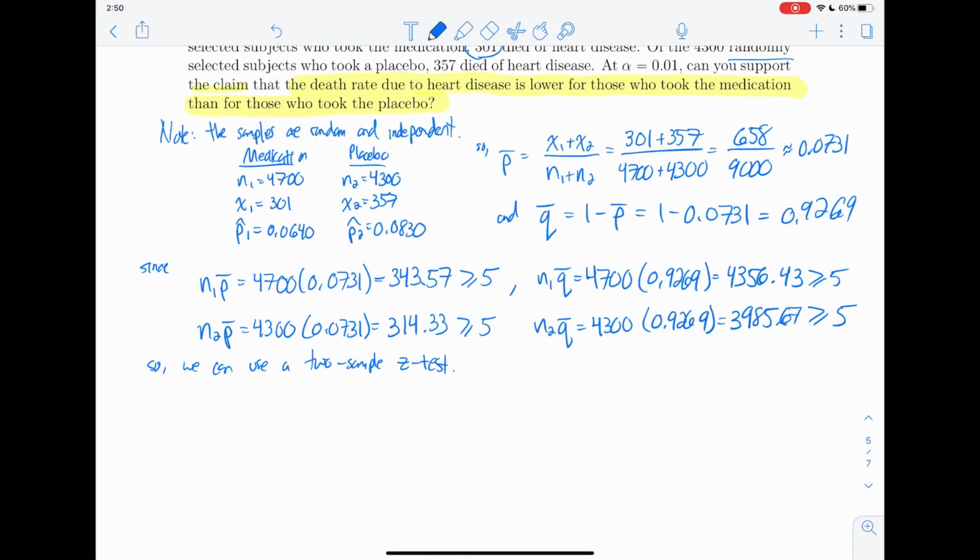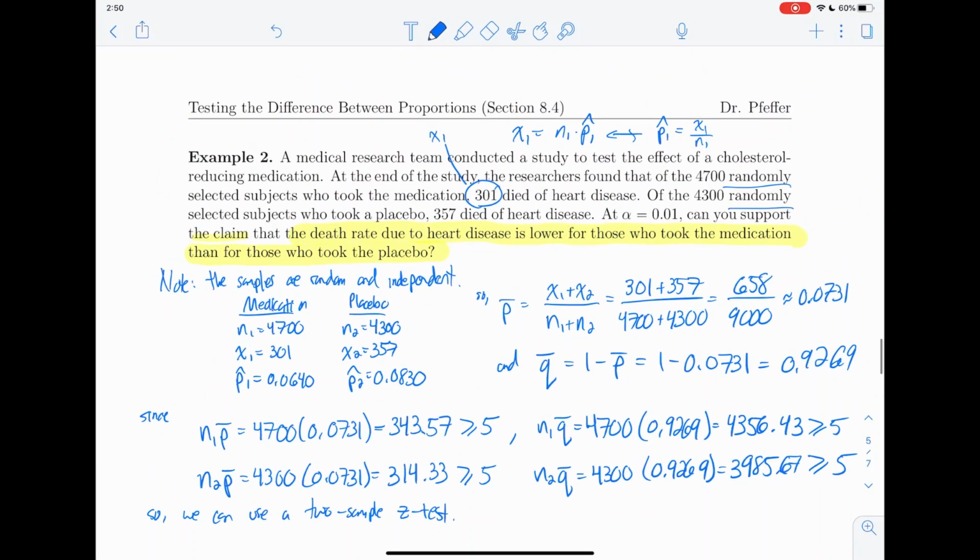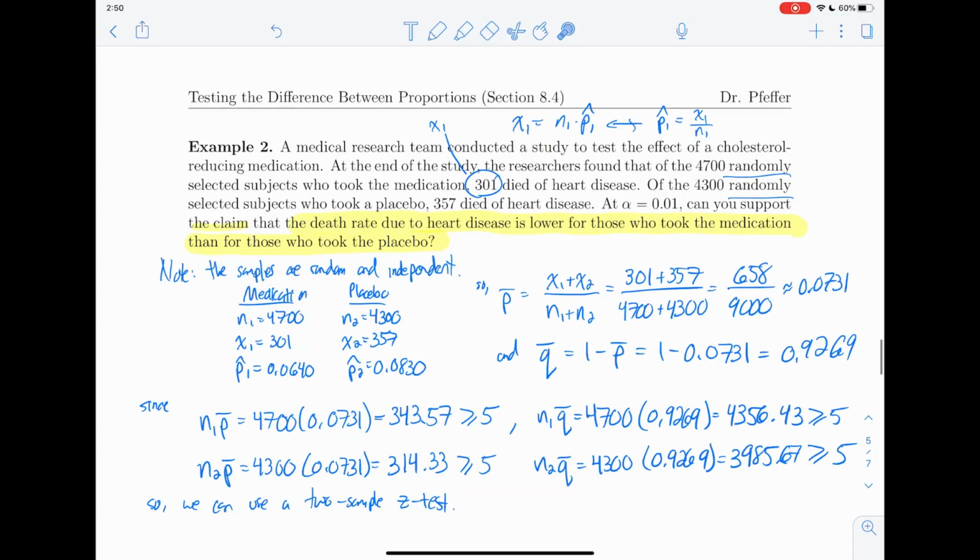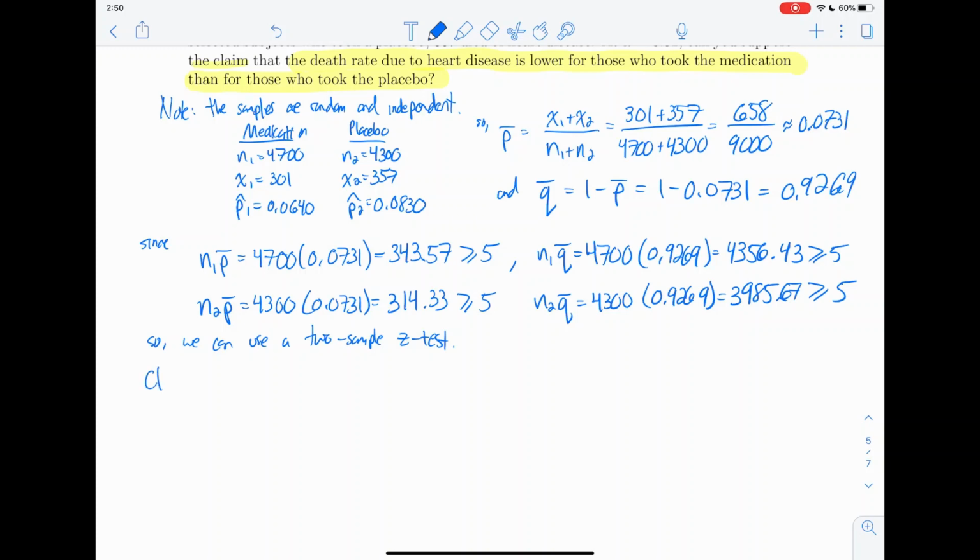So one of these proportions is P1. I think so far we've designated P1 to be the medication route. So the claim here, if we want to write it down, is that the medication death rate is strictly less than the placebo death rate.